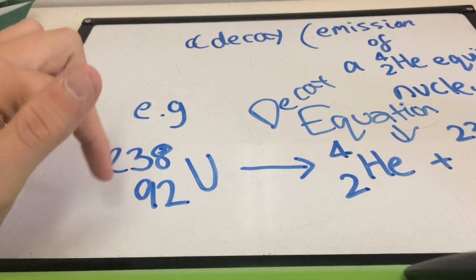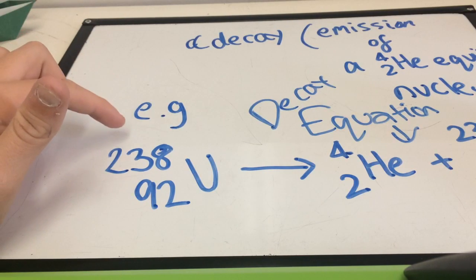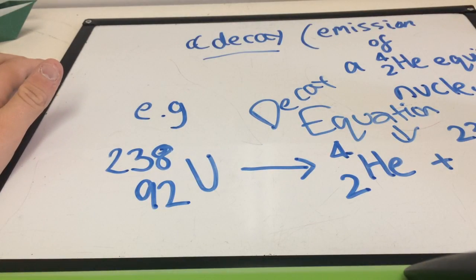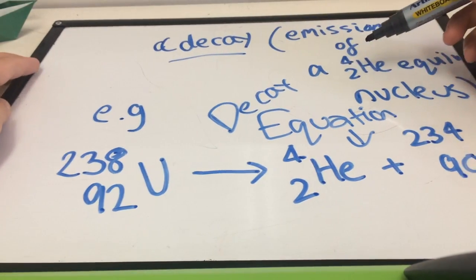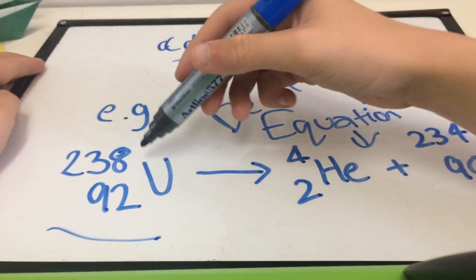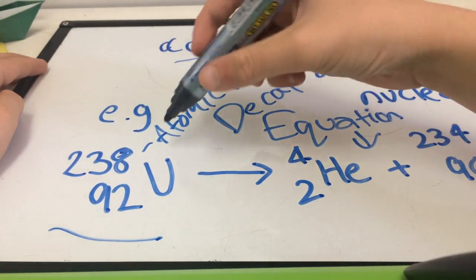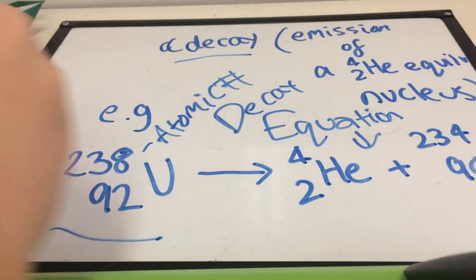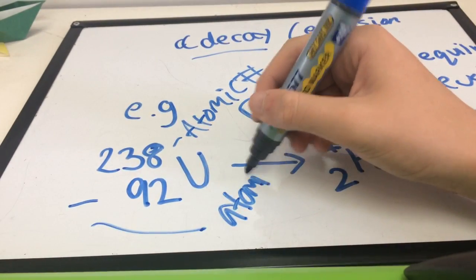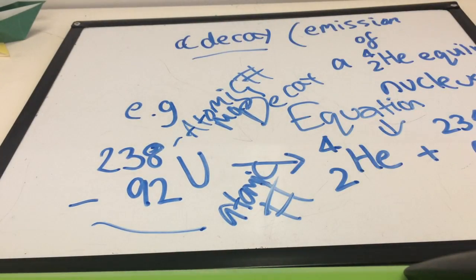So if uranium-238 with 92 protons is radioactive, it undergoes radioactive decay. This one's called alpha decay. When it decays, we draw the atomic mass, the number of protons and neutrons, and the atomic number, which we covered last lesson.